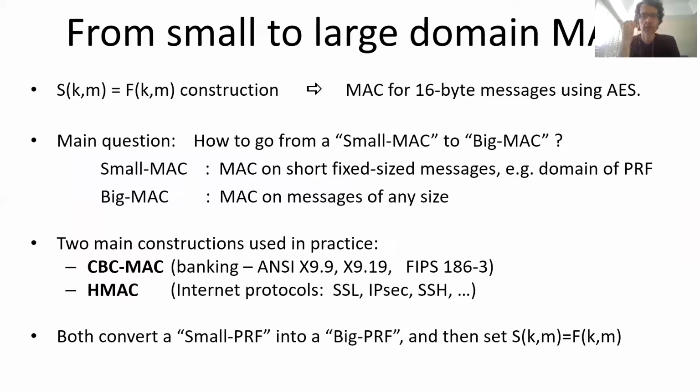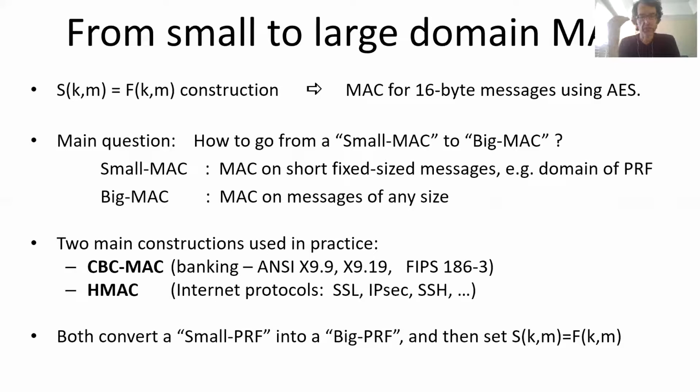But so far, this gives you that basically a PRF, like a block cipher, gives you an immediate MAC on short messages, as big as the plaintext block of the block cipher: 64 bits for DES, 128 bits for AES. Okay, that's a good place to start. We have some secure MAC already from a PRF.